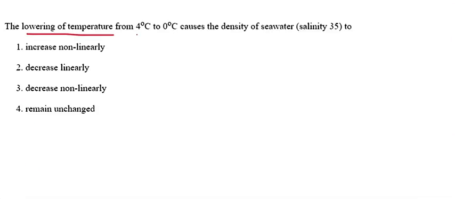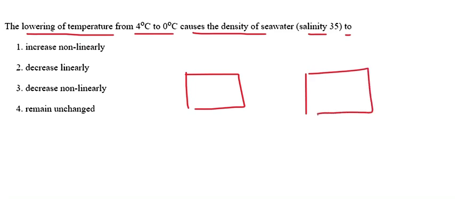Lowering of temperature from 4 degrees to 0 degrees causes what to happen to the density of seawater with a salinity of 35? Now suppose we have seawater at 4 degrees Celsius, and here we are getting 0 degrees Celsius. Here we have a salinity of 35. What is going to happen here?